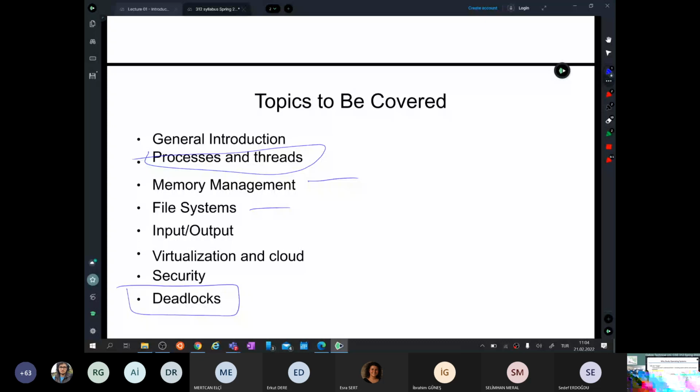And then the third reason: operating systems are just pieces of software. They know hardware very well, but they are pieces of software. What does that mean? They are very good, very carefully thought out examples of software.